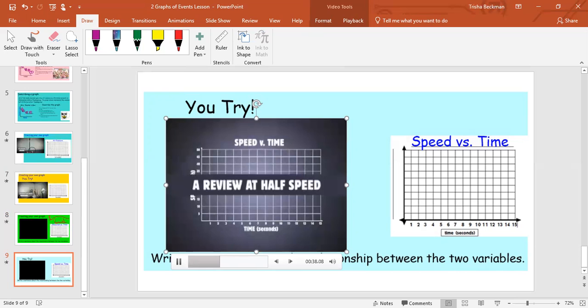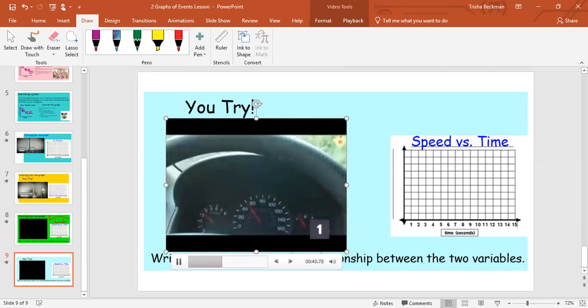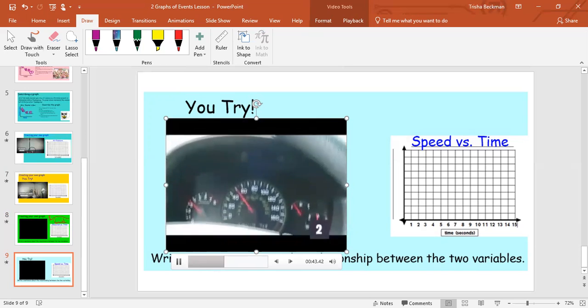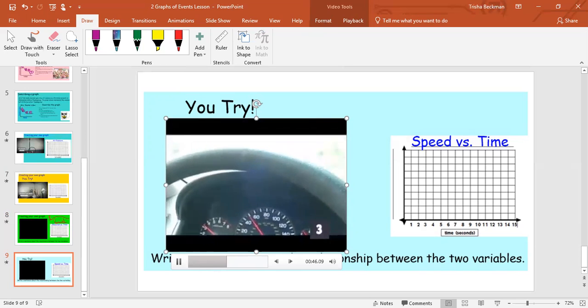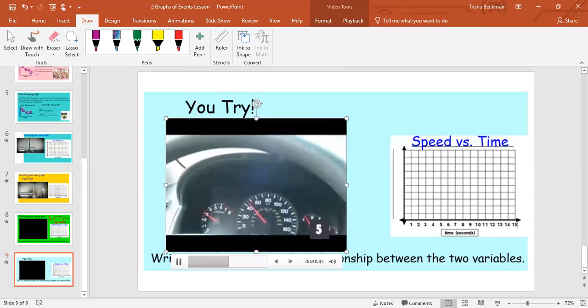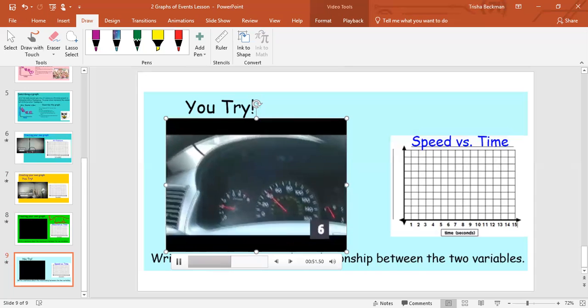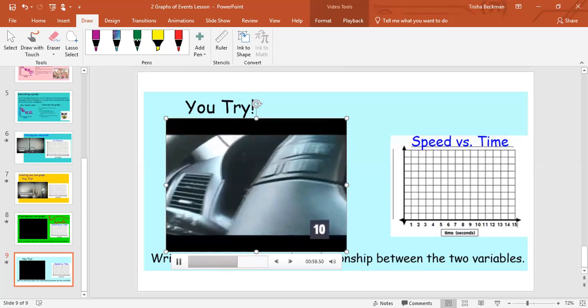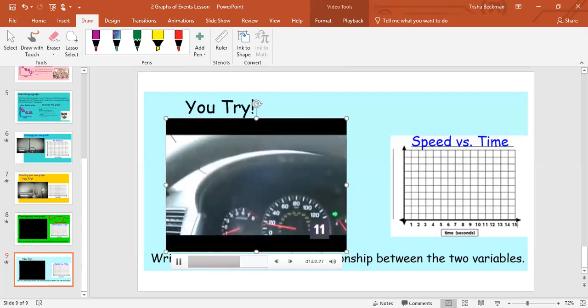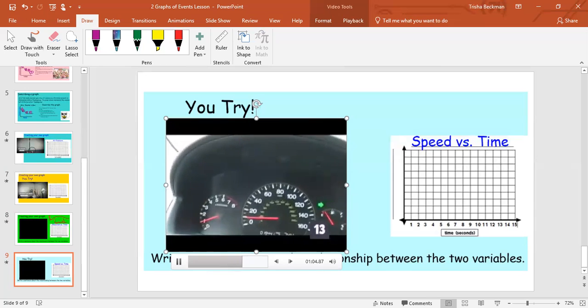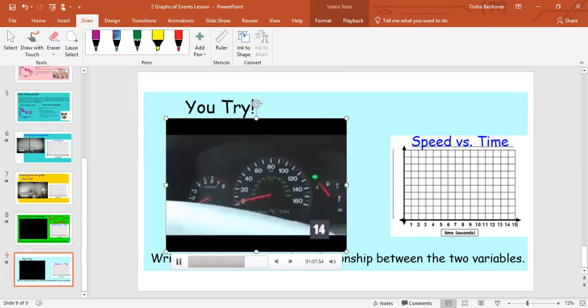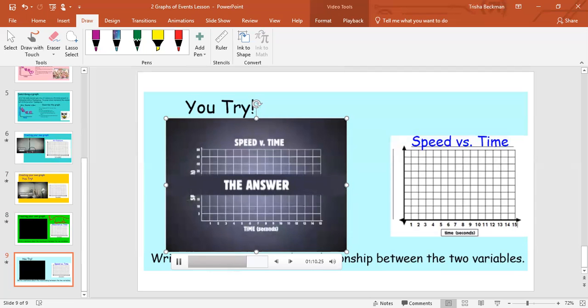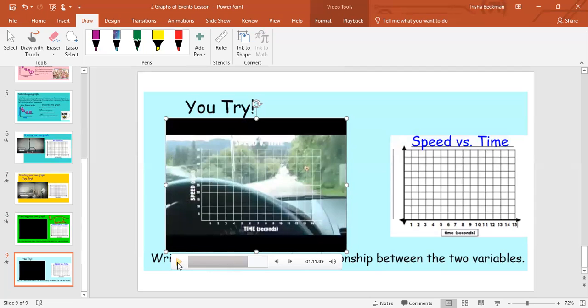All right, half speed. Feel free to pause now if you need to have time to sketch your graph, and then here's the answer.